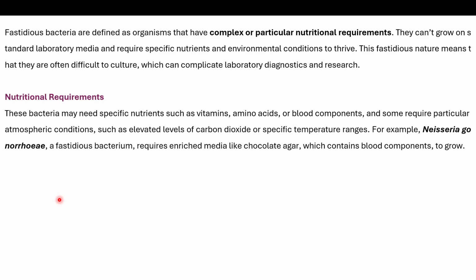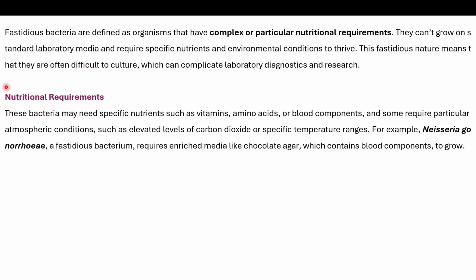Okay. So fastidious bacteria are defined as organisms that have complex or particular nutritional requirements. They can't really grow on standard laboratory media and require specific nutrients and environmental conditions to thrive. This fastidious nature means that they are often difficult to culture, which can actually complicate laboratory diagnostics and research.